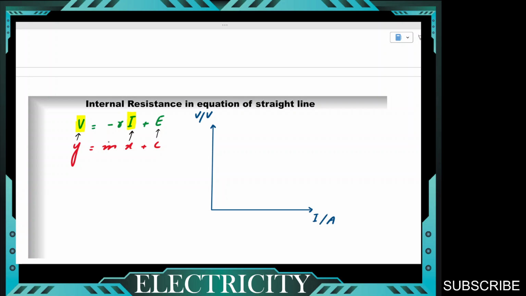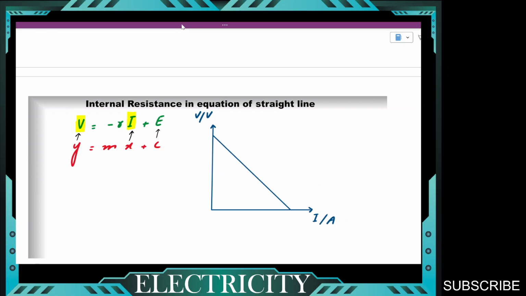No square, no cube, and no exponential and all that stuff. So the y-intercept is E, and the line will look something like this.